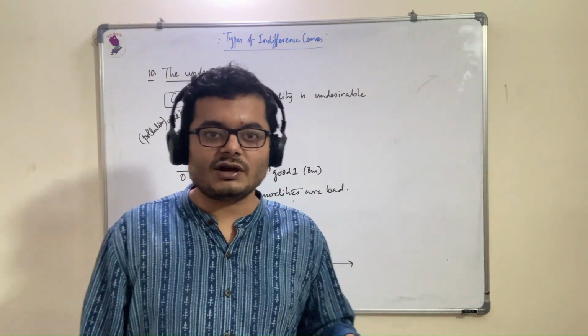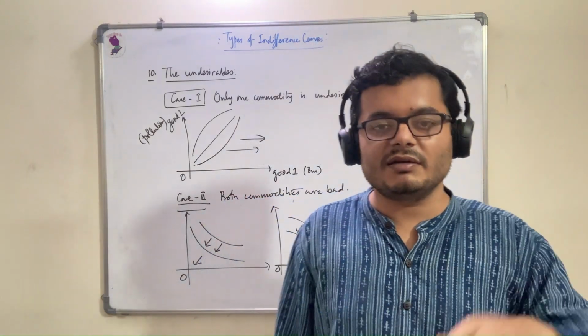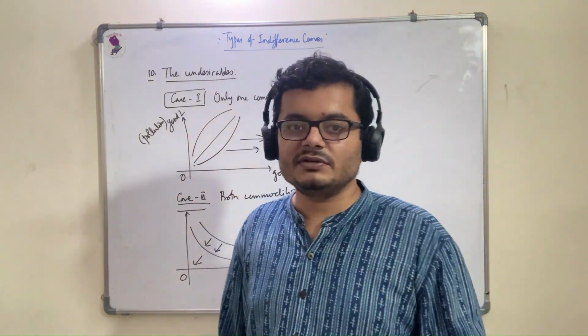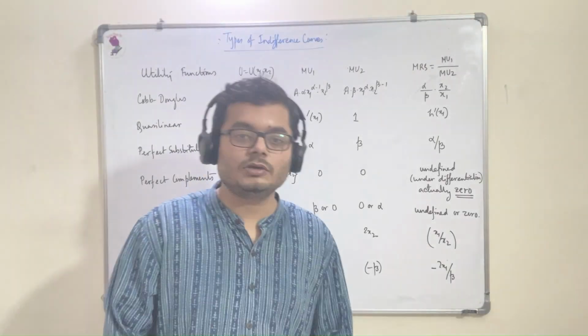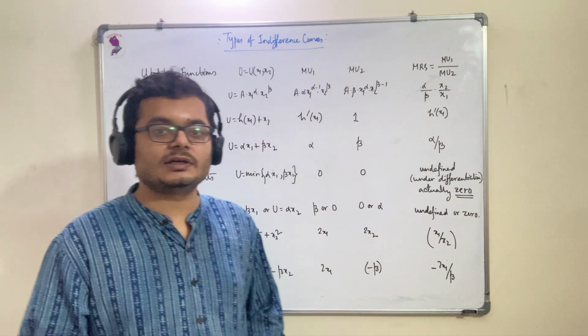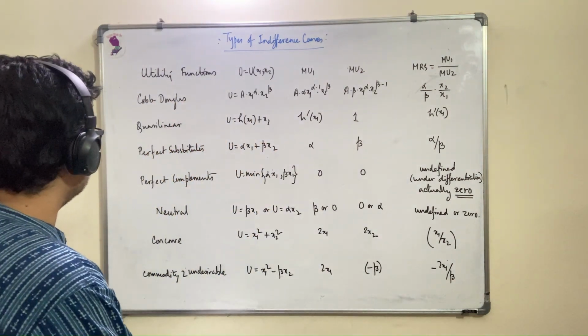Okay, so now I'll make a chart on these ICs and their corresponding MRS just to give you a composite picture. Although we have dealt with 10 different types, in this chart you can see not all of them.